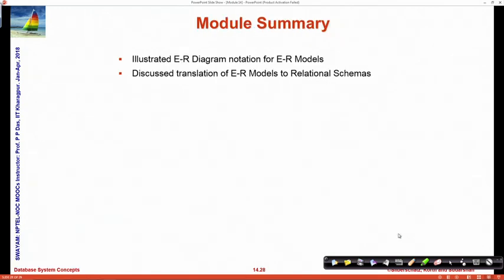So, to summarize, we have in this module illustrated the entity relationship diagram, which are very nice ways of graphically representing what we see in the real world.